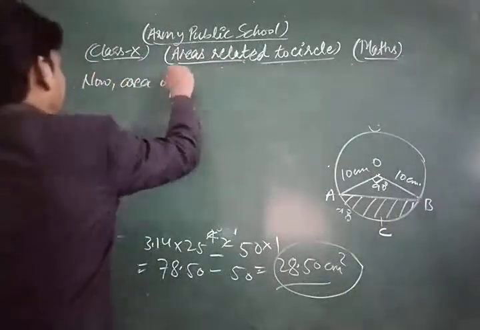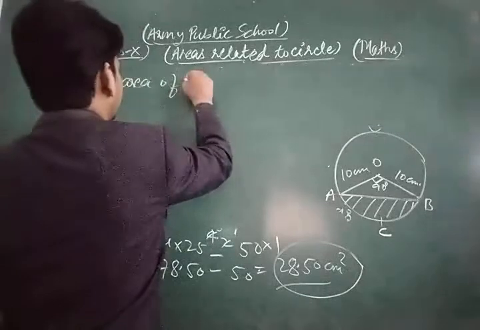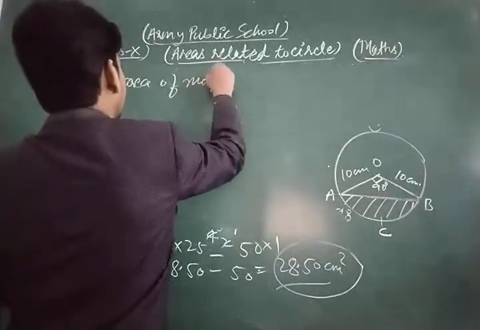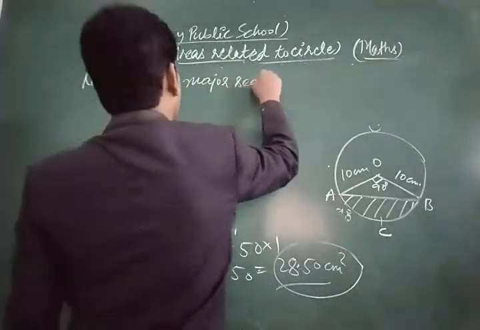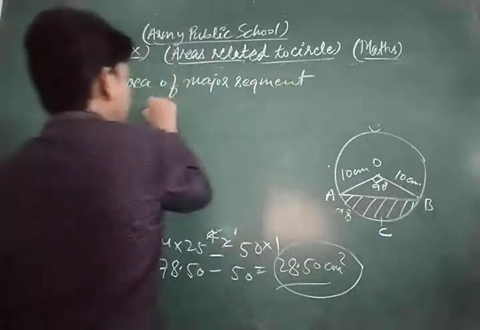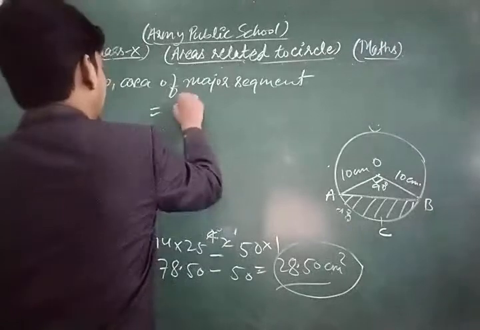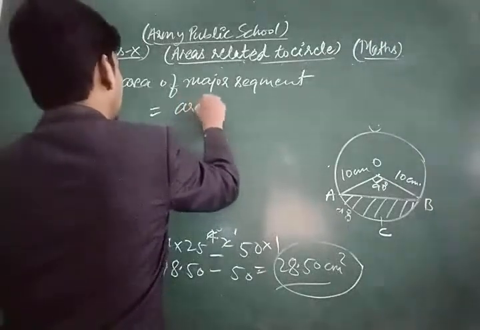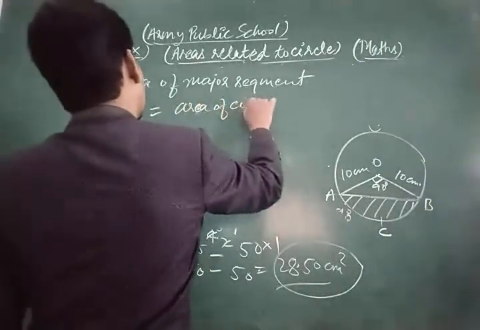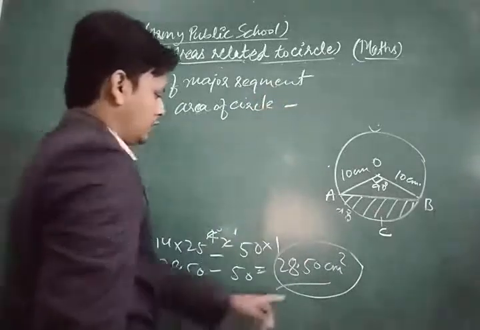Area of major segment is equal to area of circle minus area of minor segment.